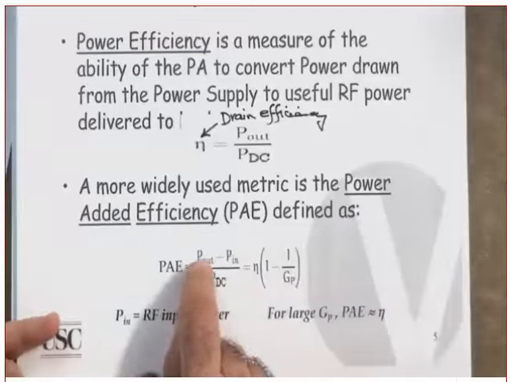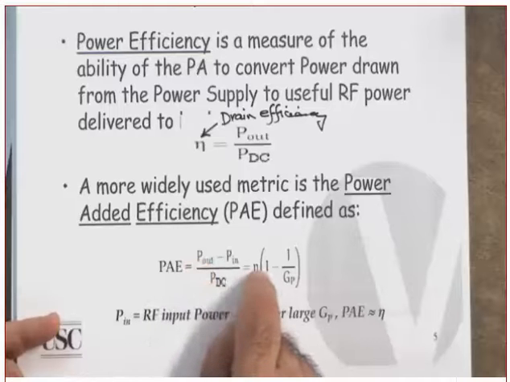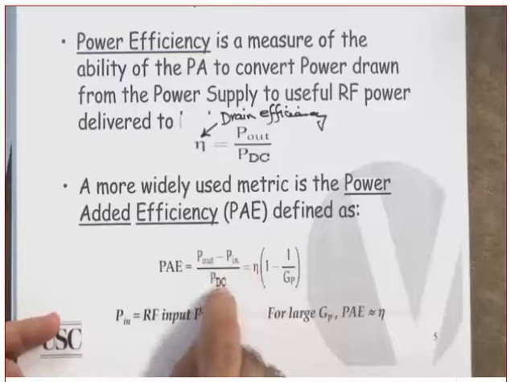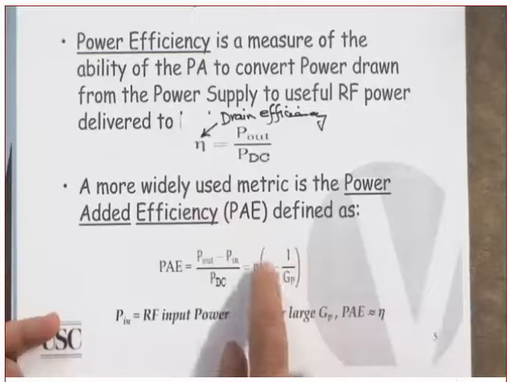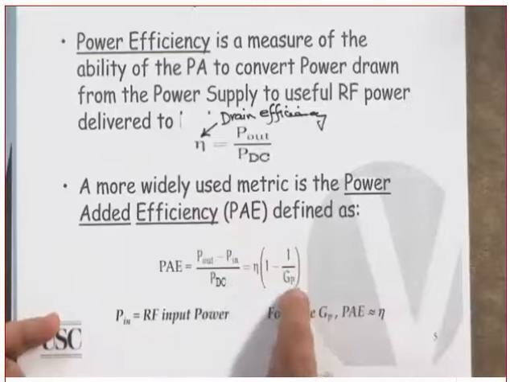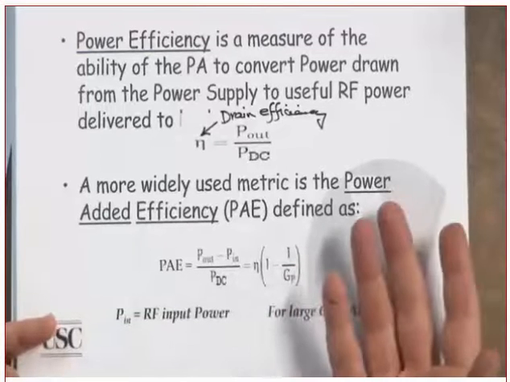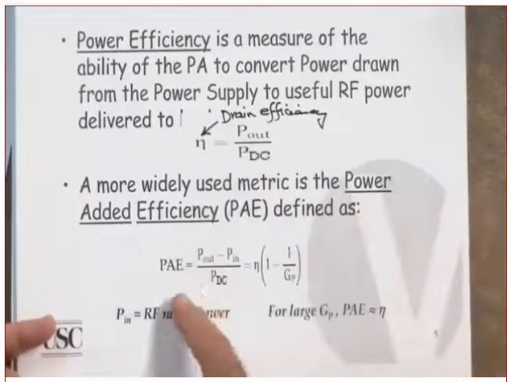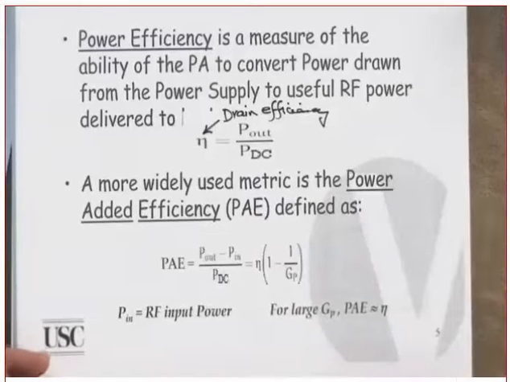Now, if you factor out the output power divided by the DC power, what remains? P out divided by P DC is the drain efficiency. So it's the drain efficiency times 1 minus what remains? 1 over G P. And if G P is high, this term is negligible. And you end up with the drain efficiency and the power added efficiency being almost the same. Did you get this or not?